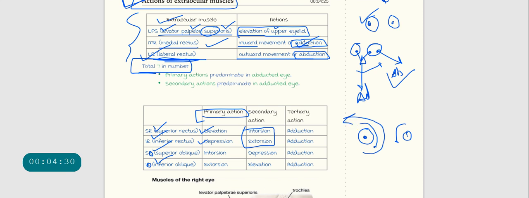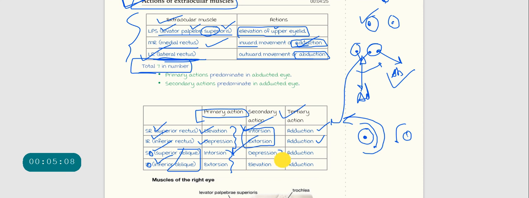Now comes the tertiary action of the superior rectus and inferior rectus. The tertiary action of both the recti is adduction. And we discussed the adduction phenomenon. Now it's very simple to learn about the obliques. Why? Because the secondary action of the rectus is the primary action of the obliques. Very simple. And opposite to the primary actions of the rectus is the secondary action.